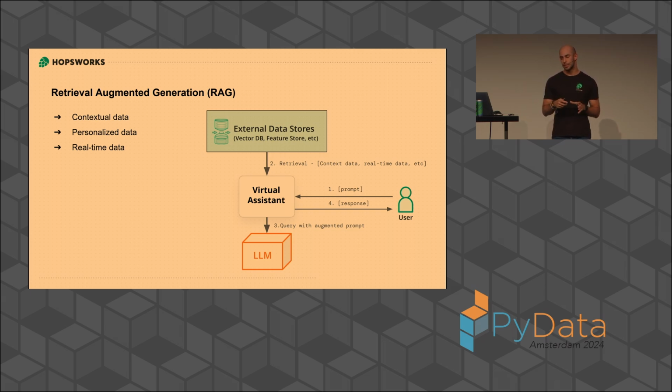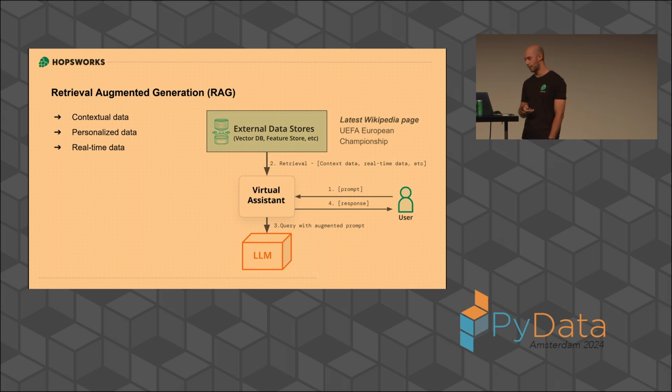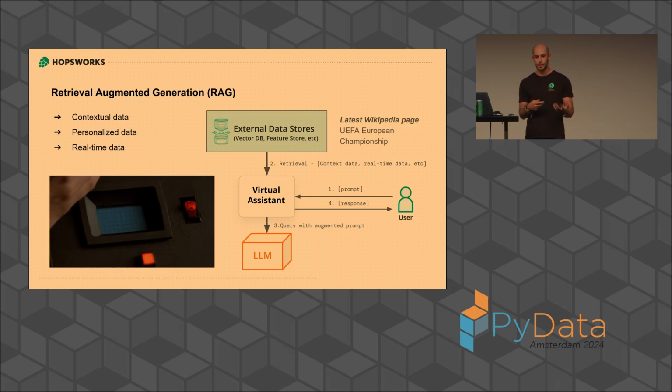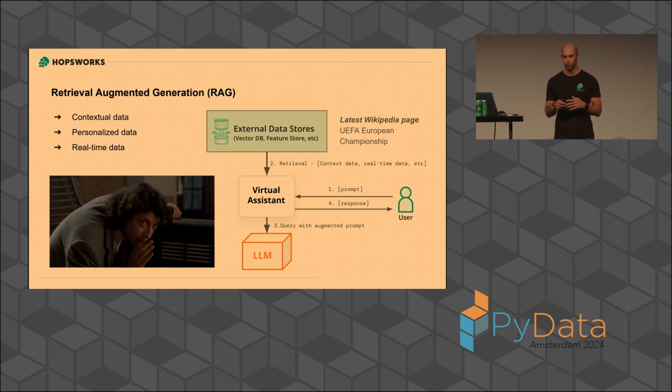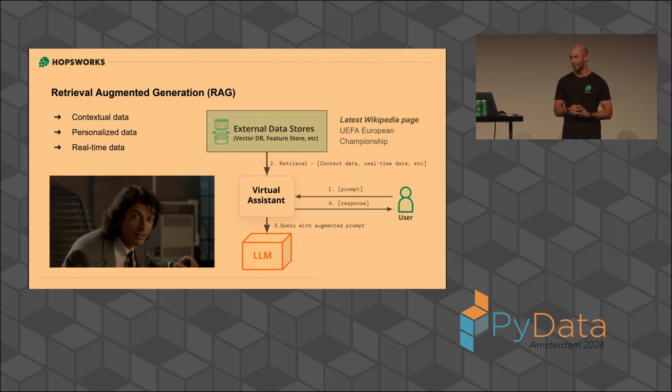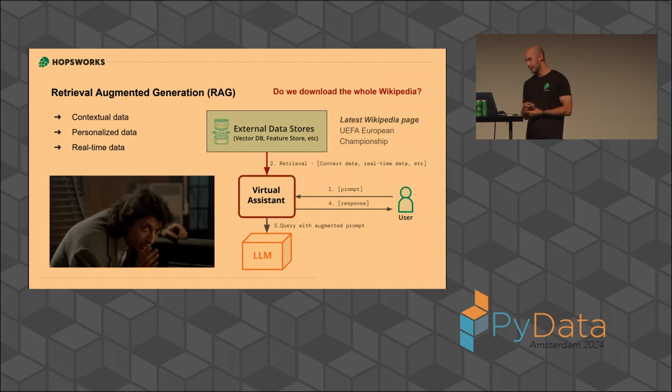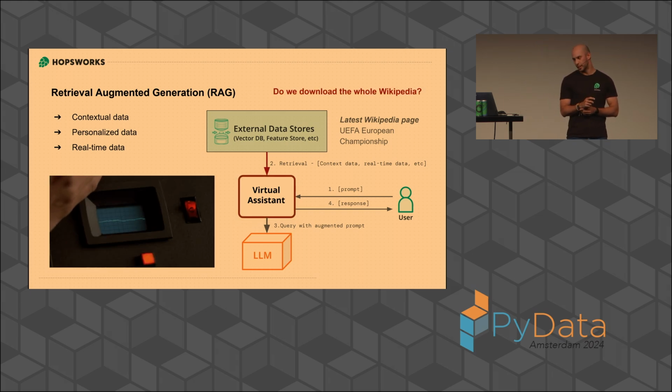First, the virtual assistant will retrieve information from an external source. For example, for the case that we said before, it can go to the Wikipedia page of the Euro Cup, retrieve the information, and then pass it to the LLM. So it's more or less like whispering to the LLM about the recent happenings or activities.